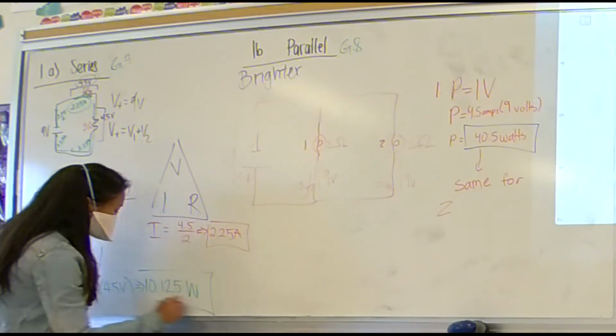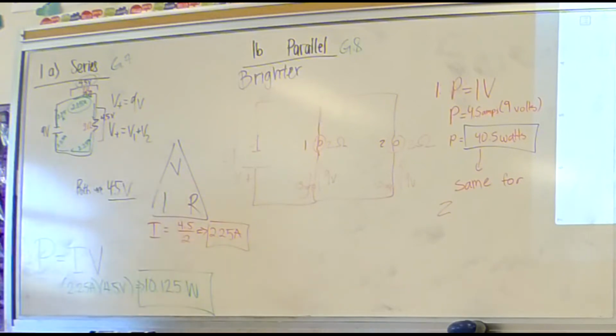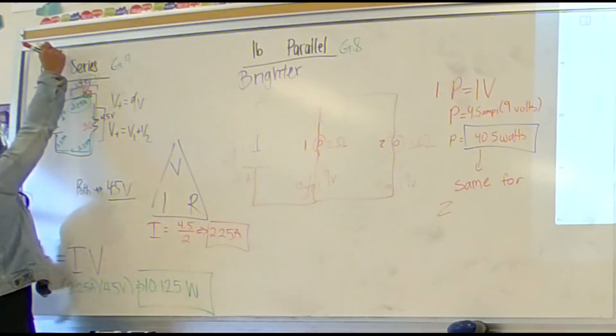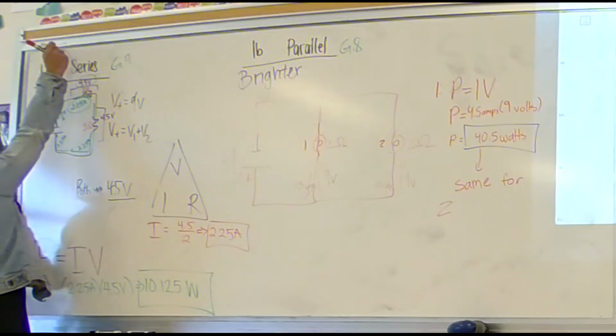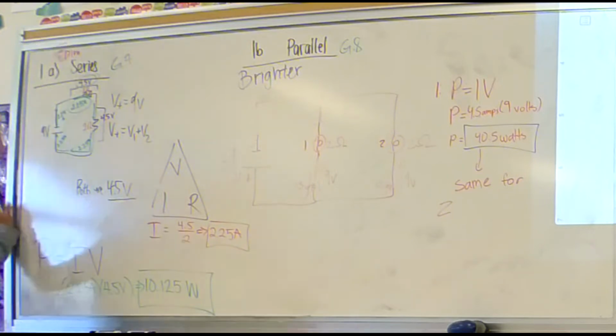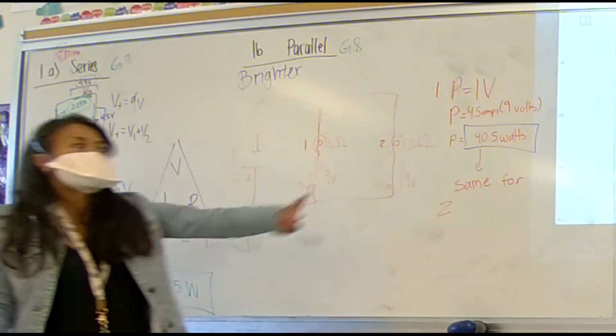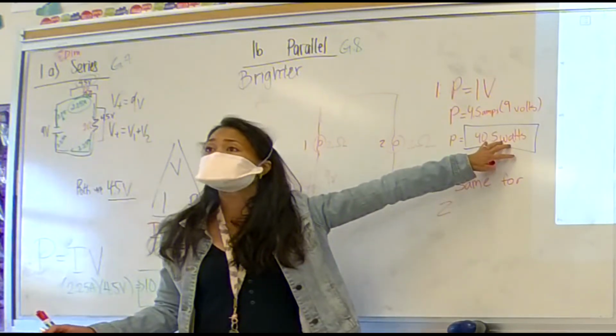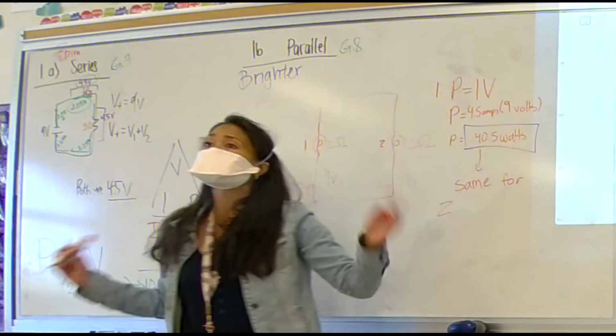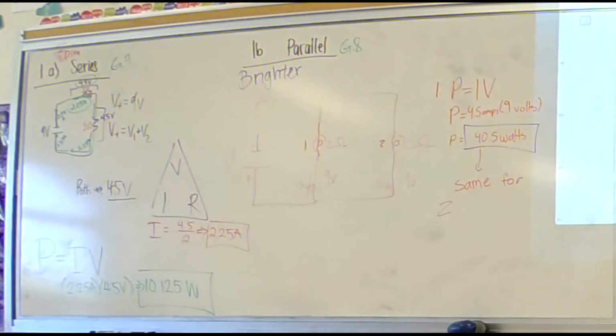W for watts. So what is nice is this, I know, is a dimmer light bulb just because it's in series. This should be dim. This one should be bright. And the power here is 10. And we're going to double check the calculation, but the power here is 40. So that matches what we think should happen.